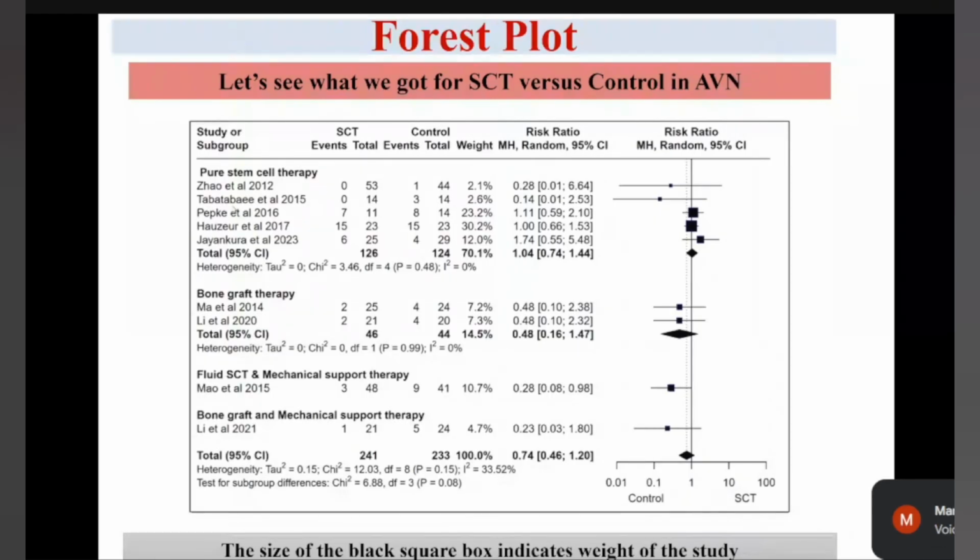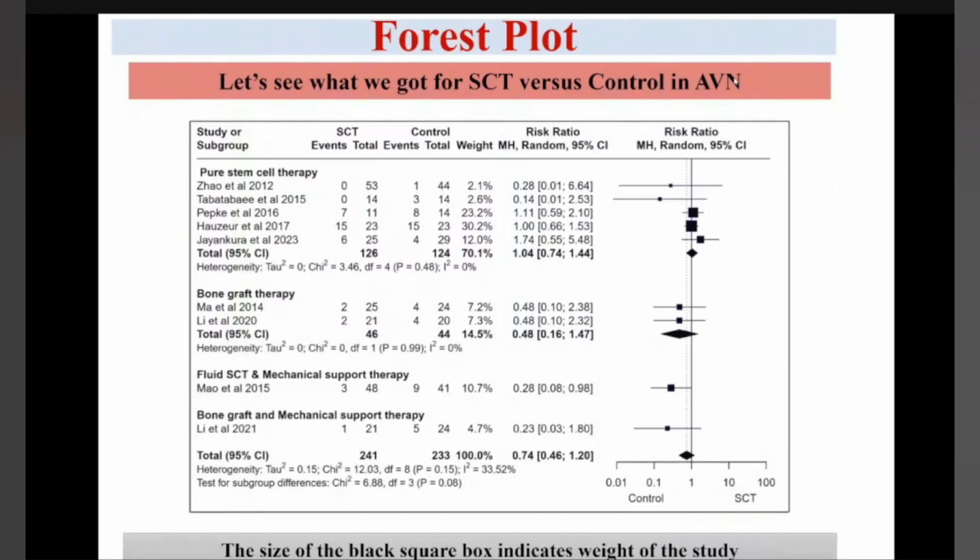Here SCT is stem cell therapy, and control is like the placebo group, you can say. For example, in Zhao et al, we have a total of 53 participants in the Zhao group, and there is no avian.